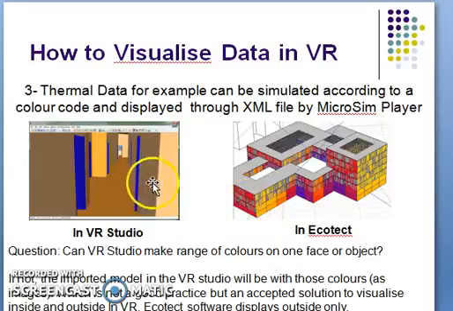If we can have different colors in real time, as we see here in Ecotect, on each surface or wall or object in virtual reality, I think we can apply this in real time. If not, we can go to the main option, which is adding images to these objects inside 3D Max. So when we import 3D Max objects or model parts into virtual reality, they come with the color coding, according to each analysis, as I mentioned before.